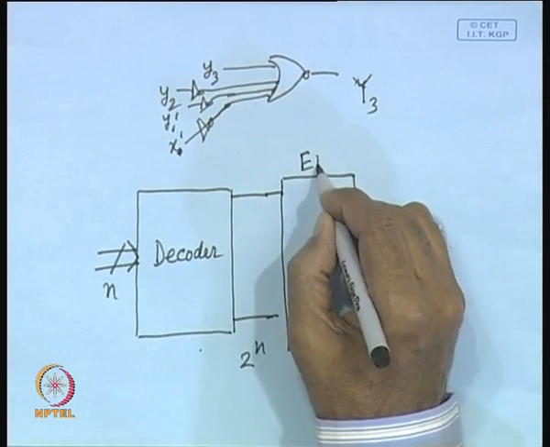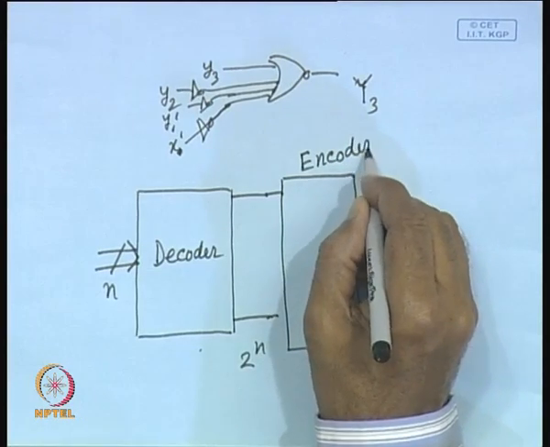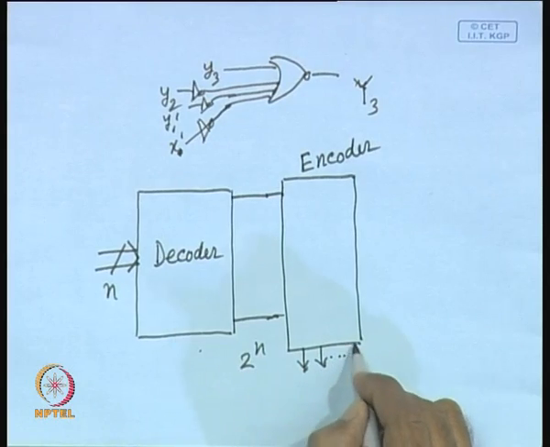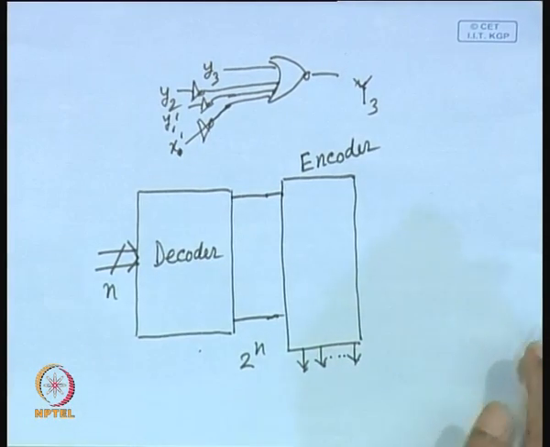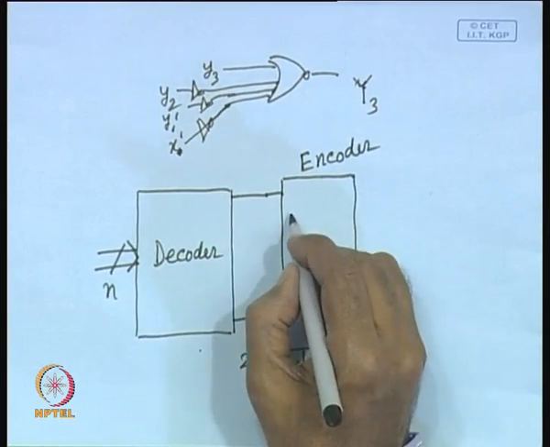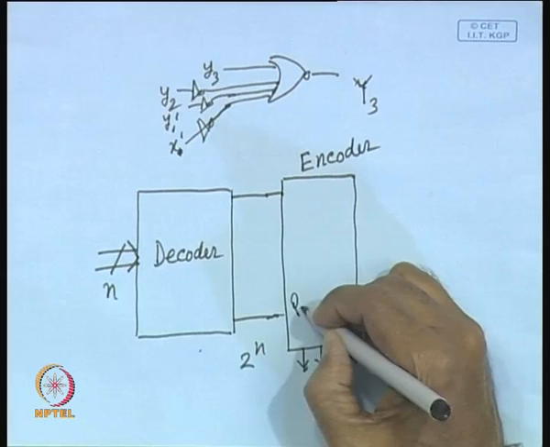This encoder part is programmable, you can program it to produce different outputs. So, here the decoder is not programmable, the encoder is programmable.